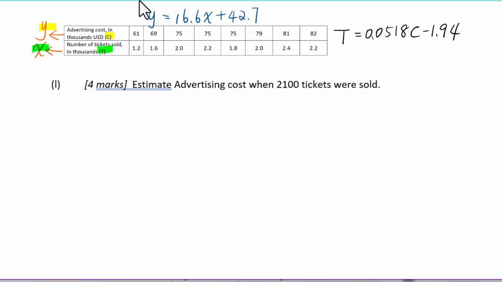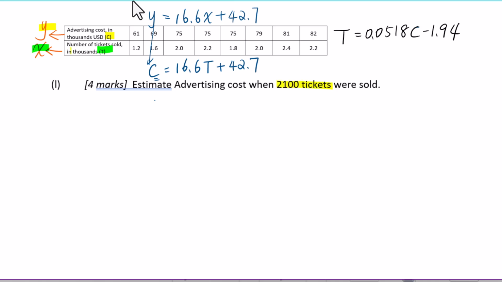We will change this y into c. We got c equals 16.6t plus 42.7. We will use this regression line to estimate this c. 2100 tickets.